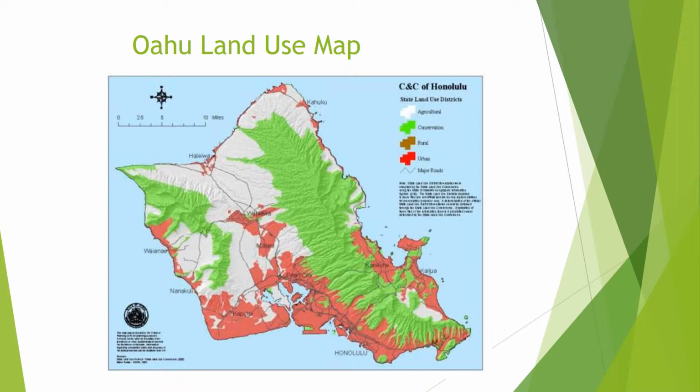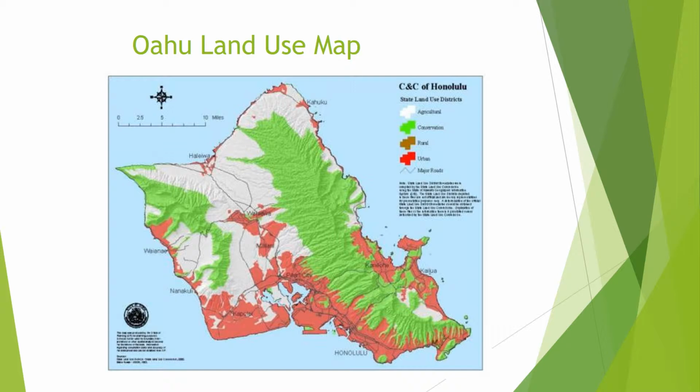And then in the red areas, we have the urban areas. You can see Honolulu down there, mostly in the bottom right hand corner, south side, making our way up to Pearl City, out to Kapolei, and then various other districts around the island.